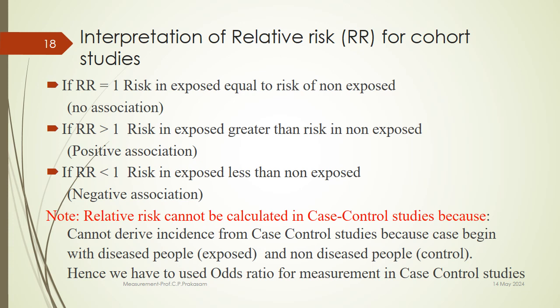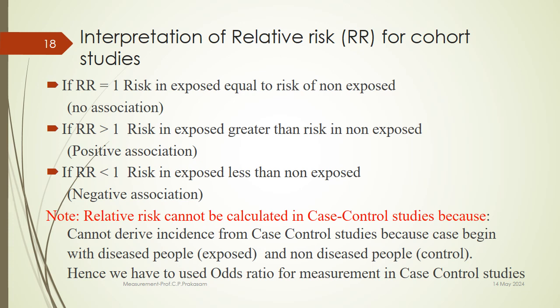If the calculated relative risk is equal to 1, then risk in exposed is equal to risk in non-exposed. That means there is no association between the effect and the cause. If the relative risk is greater than 1, the risk in exposed is greater than the risk in non-exposed.